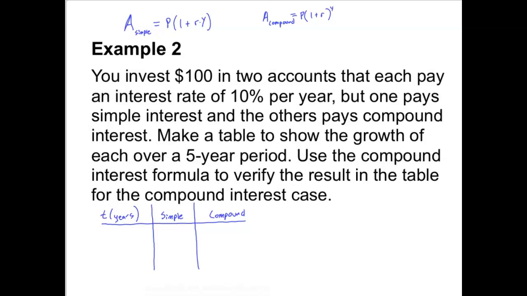All right, so in both cases, my principal is $100. So I'm going to be plugging in 100 for P. My rate is 10%, so I'm going to be plugging in 0.1 for R. And the thing that's going to change is my Y.